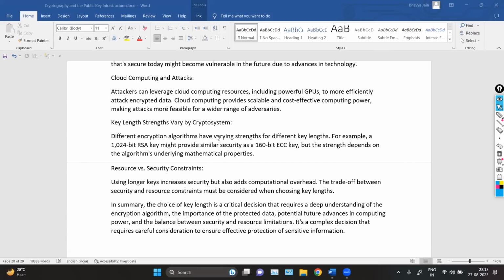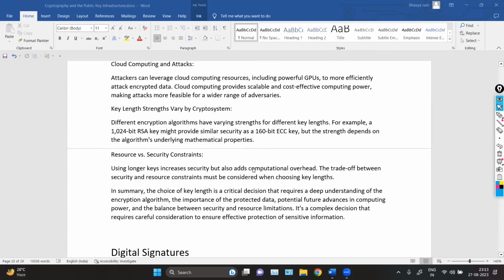Then, key length strengths vary by crypto system. Different encryption algorithms have varying strength for different key lengths. For example, a 1024-bit RSA key might provide similar security to a 160-bit ECC key. So you can notice the difference: the key length is different.